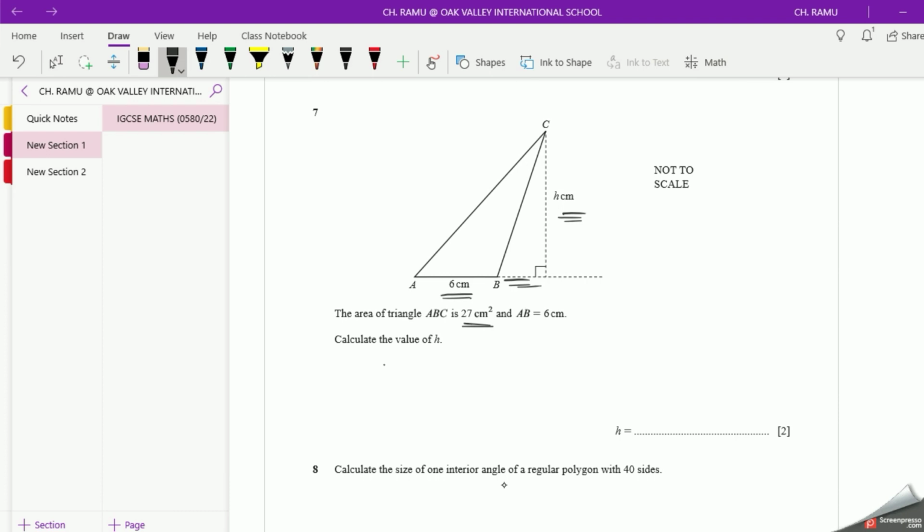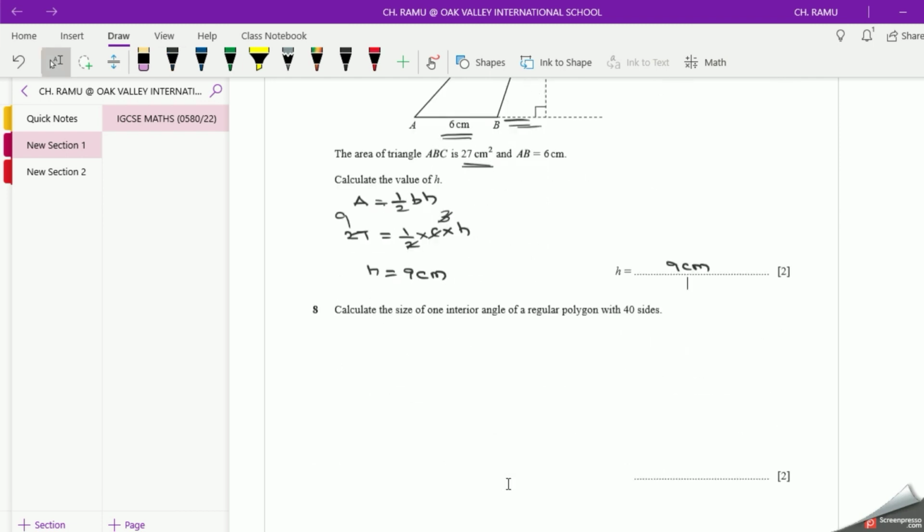We know that area of a triangle is half base into height. So 27 is equal to half into 6 into h. Height is equal to 9 centimeters.